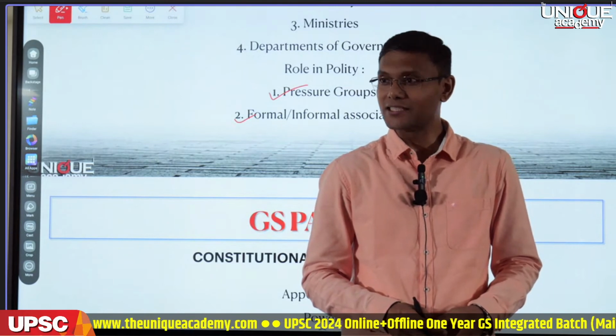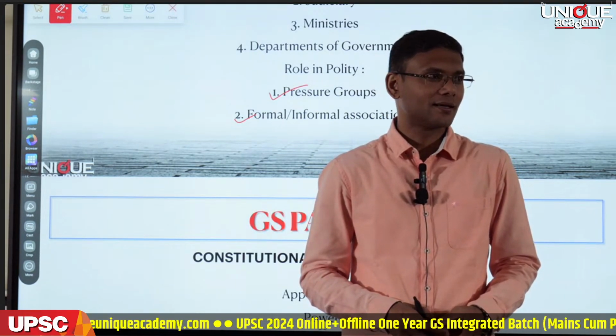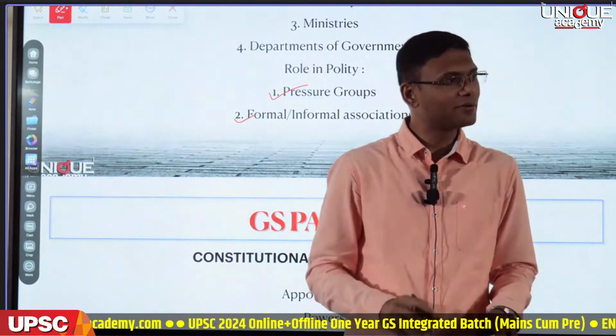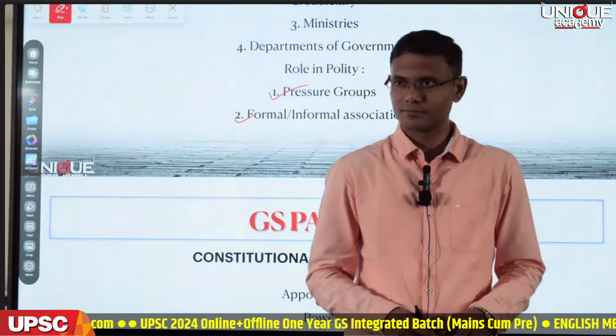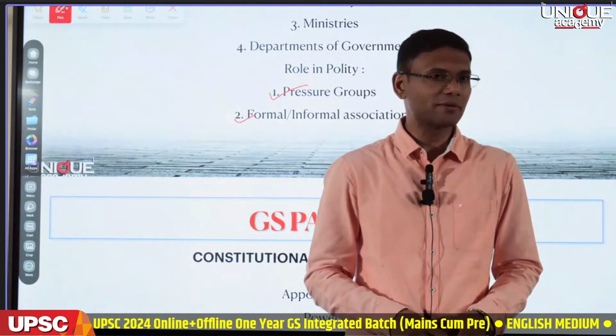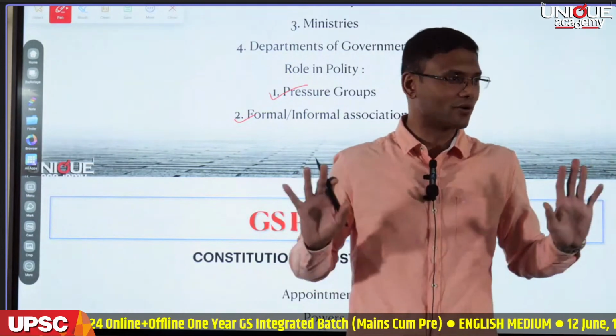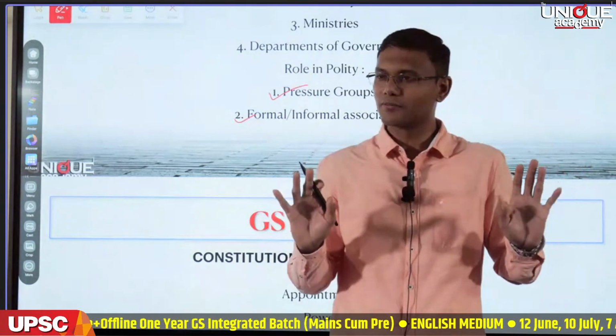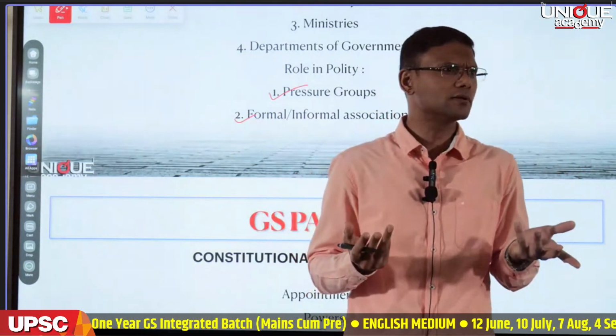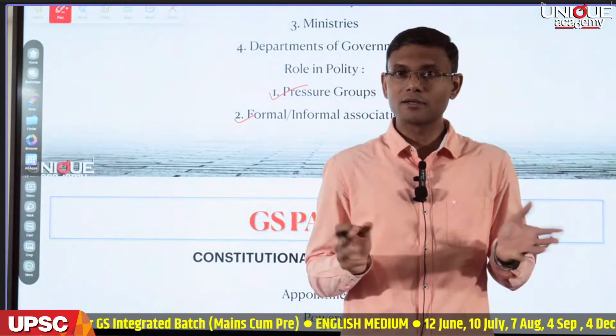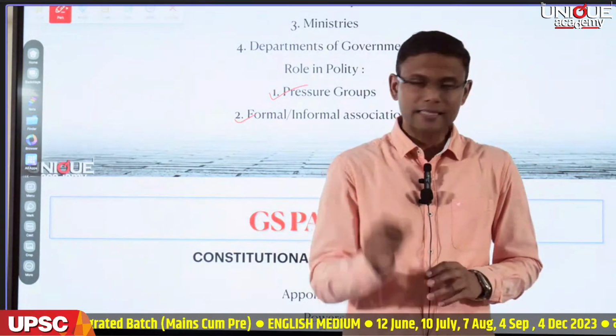At times there were tensions between the two parties. But ultimately the government said that we will withdraw them, and they withdrew them. What did the farmers want? The laws to be withdrawn. They were withdrawn. Where are the farmers now? Went back home. That is the work of a pressure group.